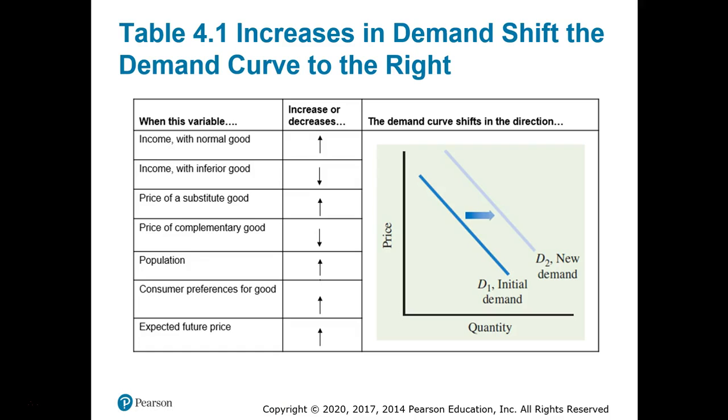It shifts the demand. Price of a complementary good goes down. Population increases. Population decreases. Consumer preferences for goods. Expected future prices. These shift the demand to the right. Make sure you pause and copy all these into your notes.